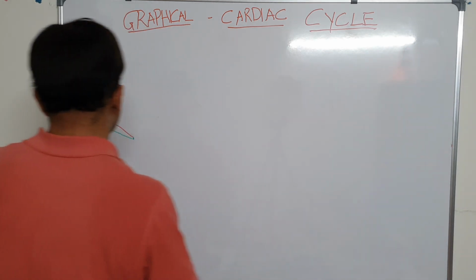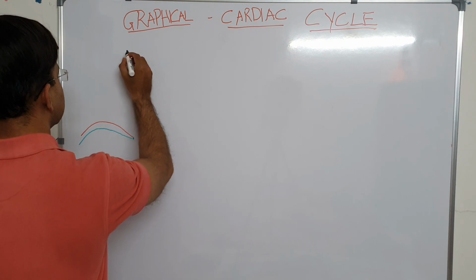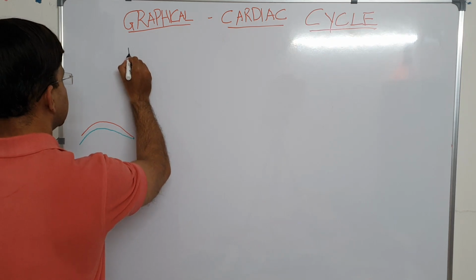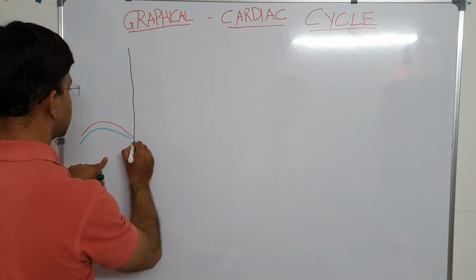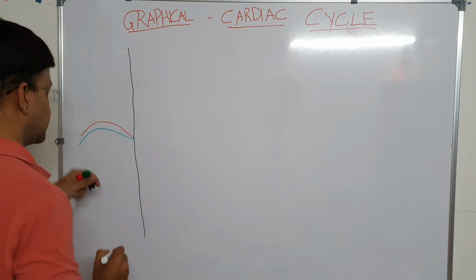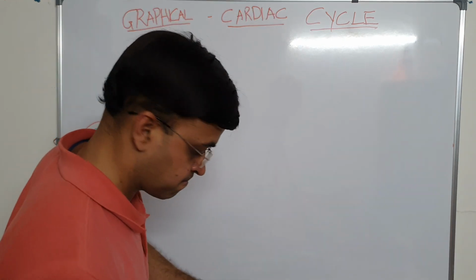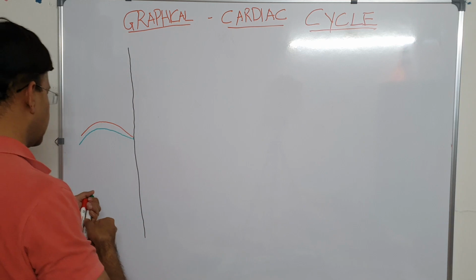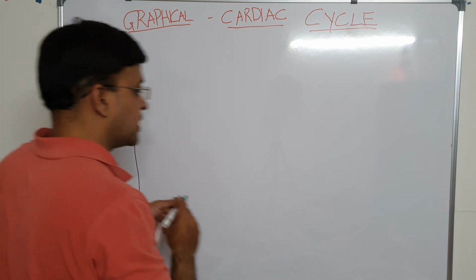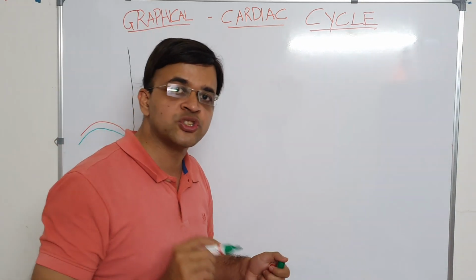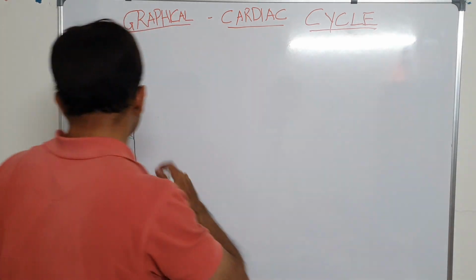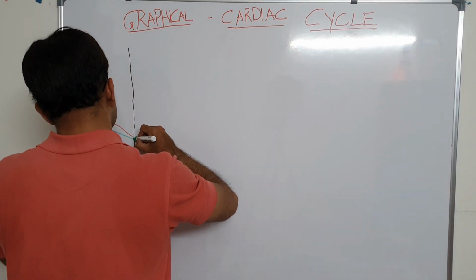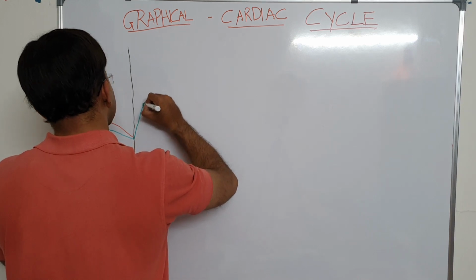Use a black pen to draw the lines. One interesting thing about the phase of isovolumetric contraction is that the pressure inside the ventricle is going to increase exponentially.